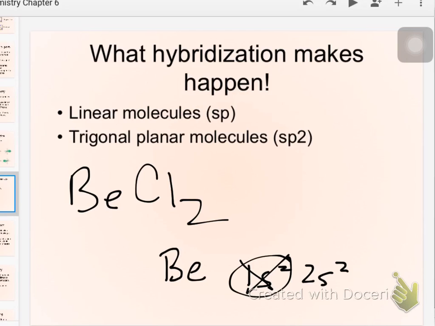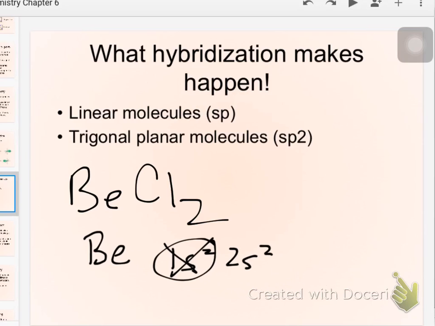Now, if you just look at that right off the top, doesn't it look like beryllium should be happy? I mean, it's not as happy as it could be if it was a noble gas, but 2s2 is a full orbital. It's better than nothing. It's better than a half orbital.